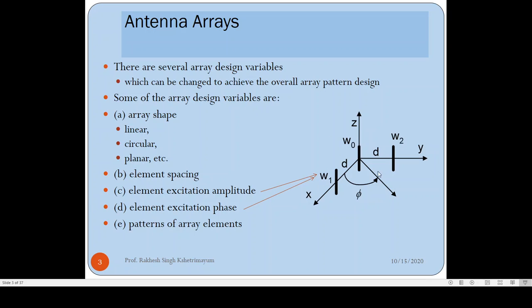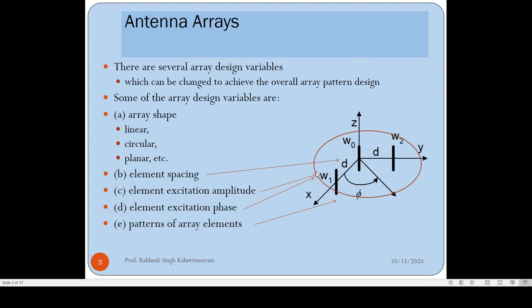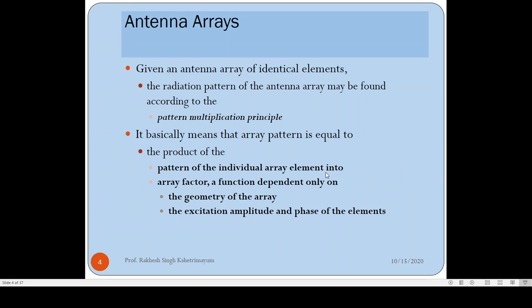We also have the pattern of the array element. Depending on what arrangement you have for the array elements, it could be circular or linear, so your antenna pattern is going to be different. And the spacing also plays a significant role, and the shape of the array. In this case, you can have circular also, you can have different shapes.